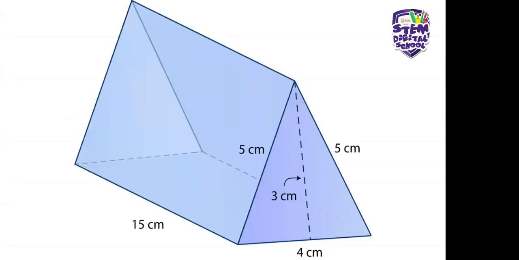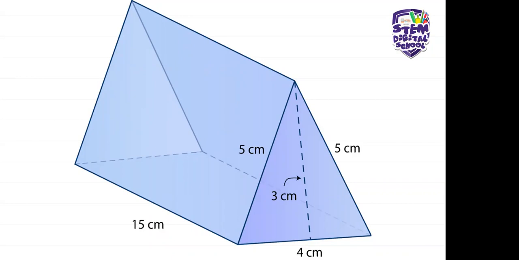We have an example here of a triangular prism. You can see clearly that we have given you the different measurements. 4 centimeters is the breadth of the base, which is the rectangle.